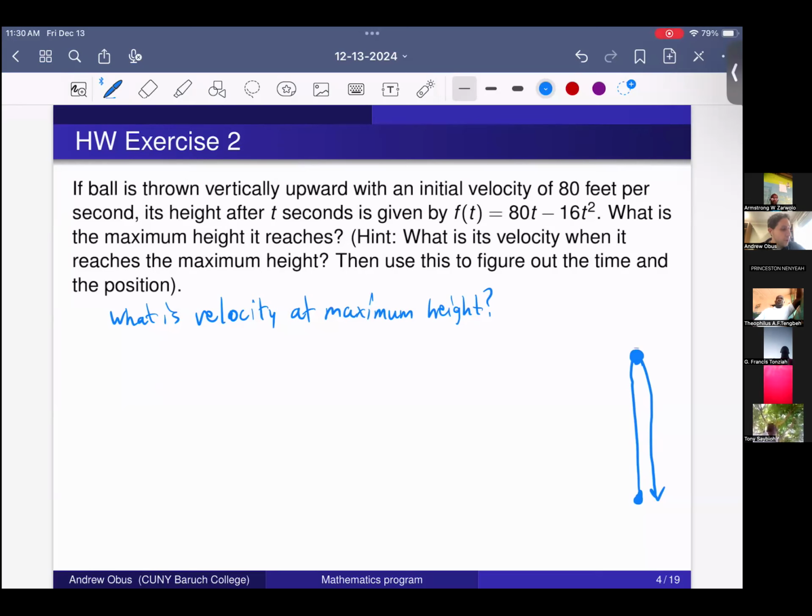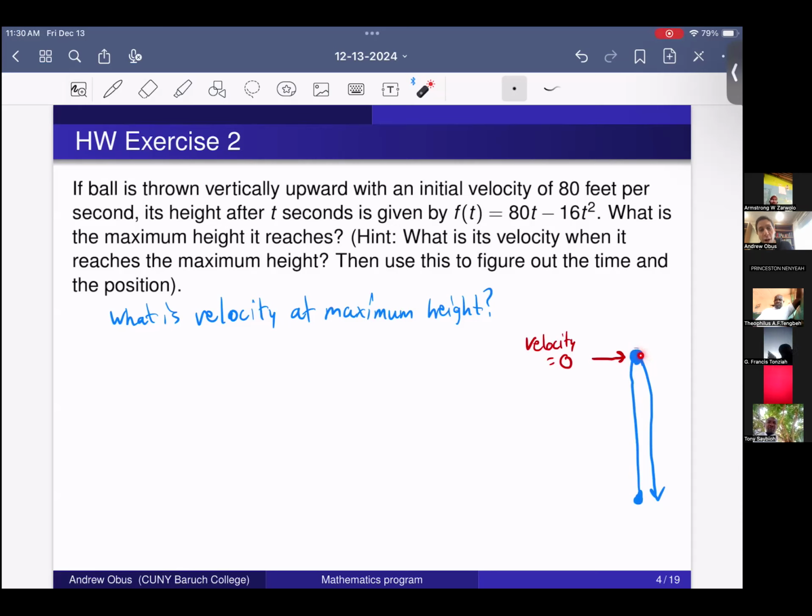Well, the key observation right here is that when you're at the top, the velocity is equal to 0, because at the point where the ball gets to the top, it's not moving up and it's not moving down. It goes up, it's got an upward velocity. The upward velocity gets slower and slower. And then when the ball gets to the top, the upward velocity is gone, it vanishes.